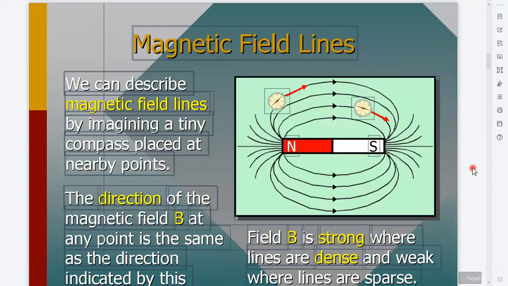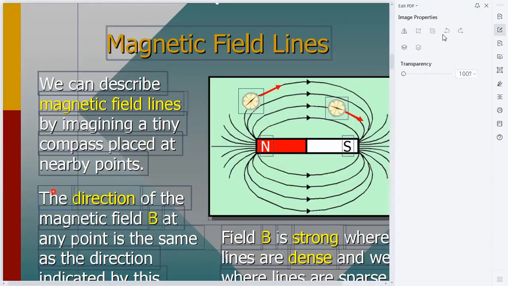Now, what is the magnetic field? That means magnetic lines of force. We can describe the magnetic field, or magnetic lines of force, by imagining a tiny compass placed at nearby points.